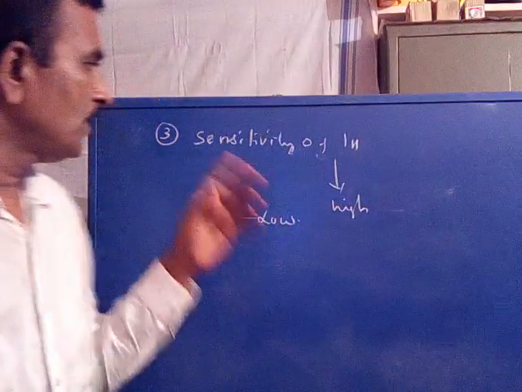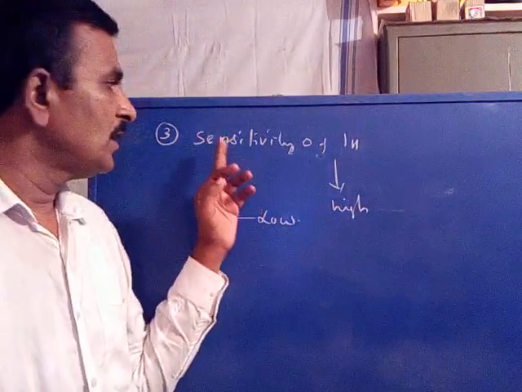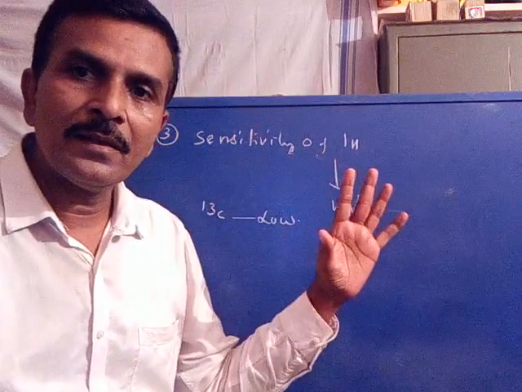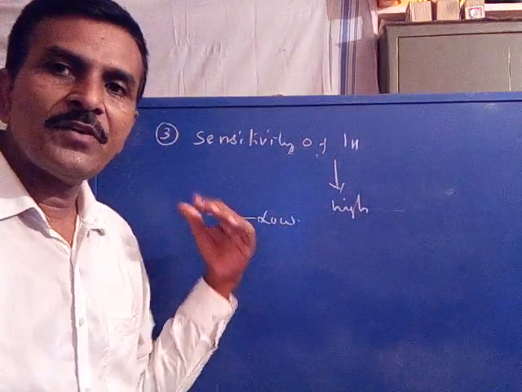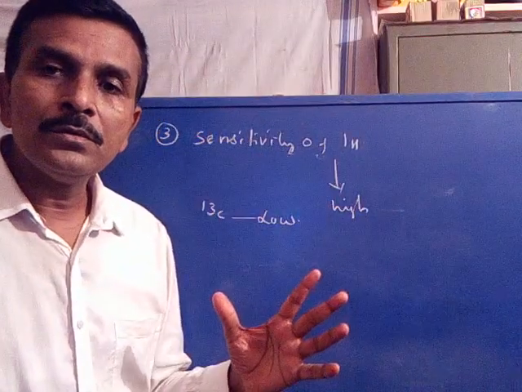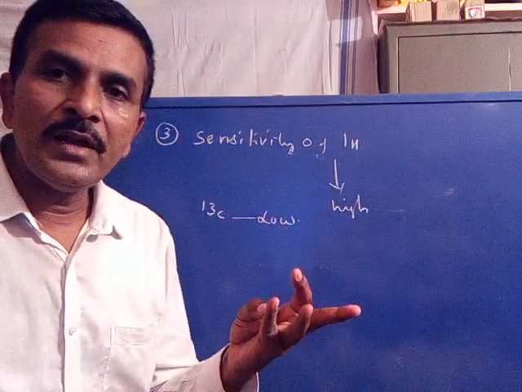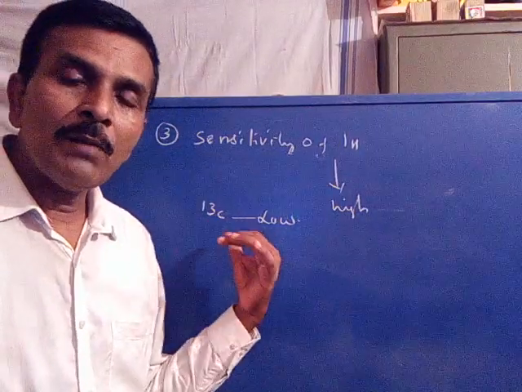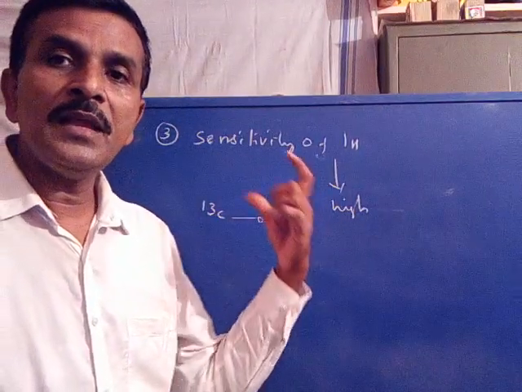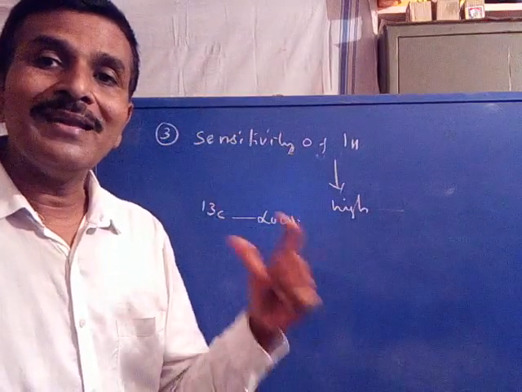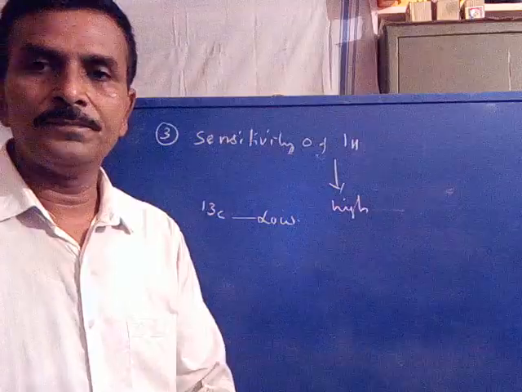Are you following? So the third comparison is that sensitivity of proton nuclei towards NMR is high, whereas sensitivity of carbon nuclei towards NMR is low due to low gamma value and low natural abundance. Together, the low gamma value and low natural abundance make carbon nuclei less sensitive towards NMR.